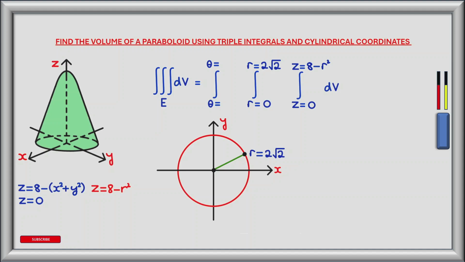And r begins at the origin of the circle, so where r equals 0, and this forms the lower limit of integration for r. And to find the limits of integration for theta, we need to look at the coverage of r as it rotates anti-clockwise around the circle.